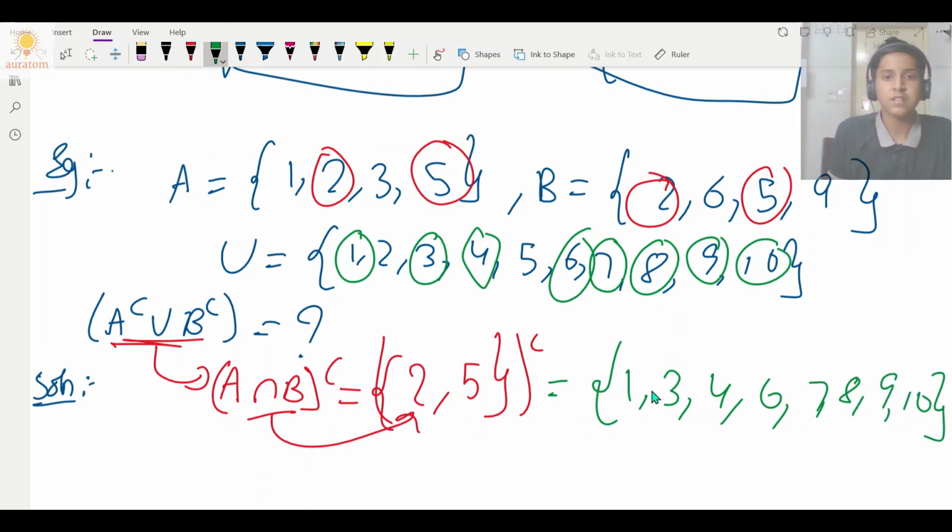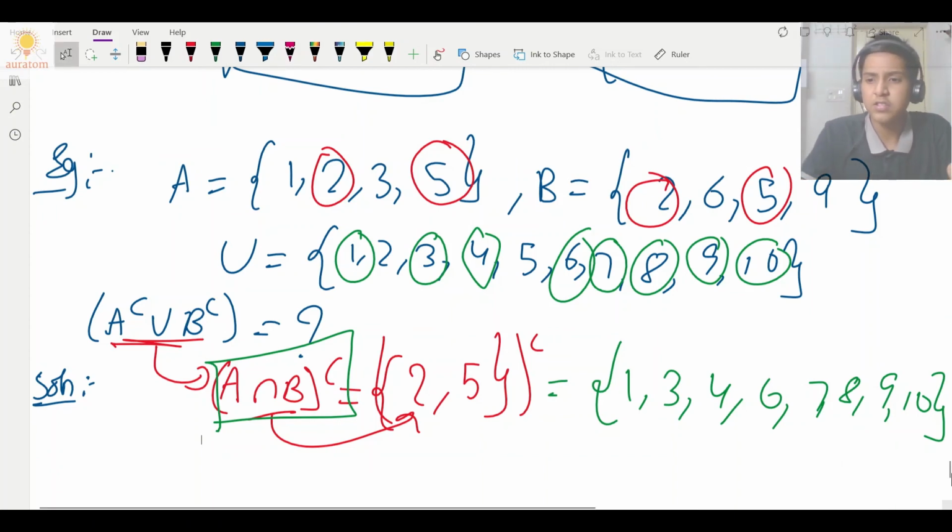So that's it, we have solved this question because we have calculated this, and according to De Morgan's second law, we know that this is just going to be this. They asked for this and we solved for this, and we got the same answer, right? So that's all there is to De Morgan's set laws.